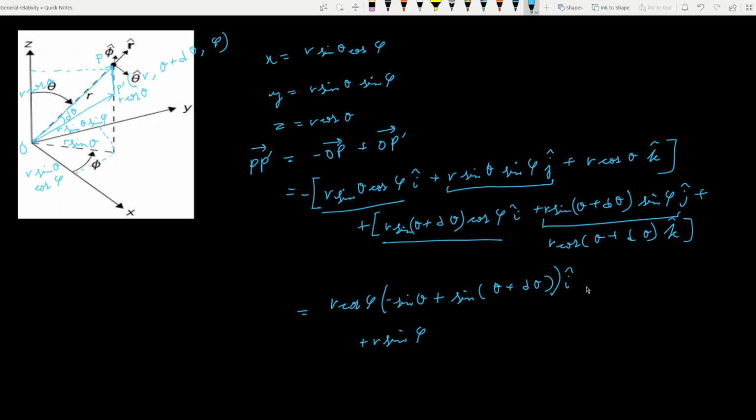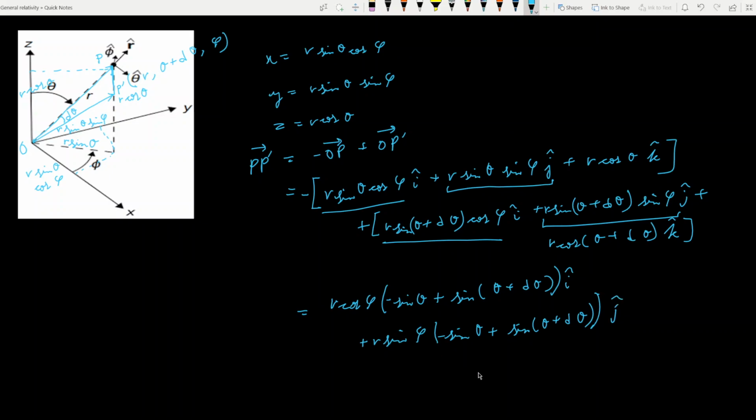They are both in the j hat direction, so this should be minus sine theta plus sine of theta plus d theta in the j hat direction, right?